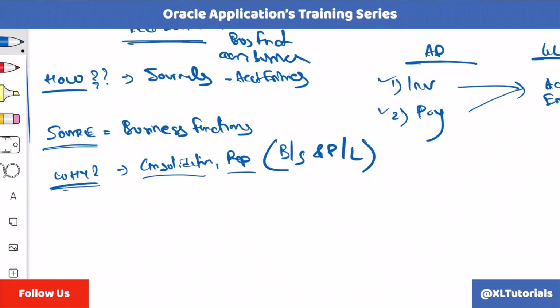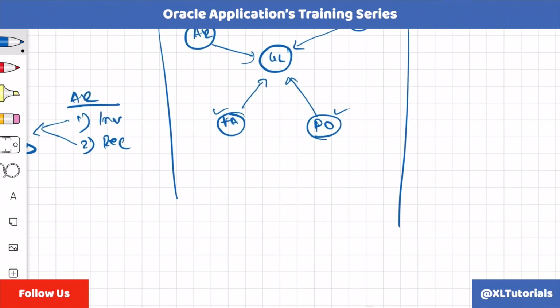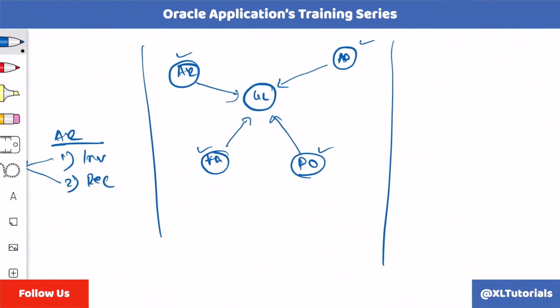Again, your balance sheet and profit and loss cannot come out of individual modules. For example, the AP side is capturing your expenses, the AR side is mostly covering your revenue and sales, and FA is your assets and some expenses like depreciation.